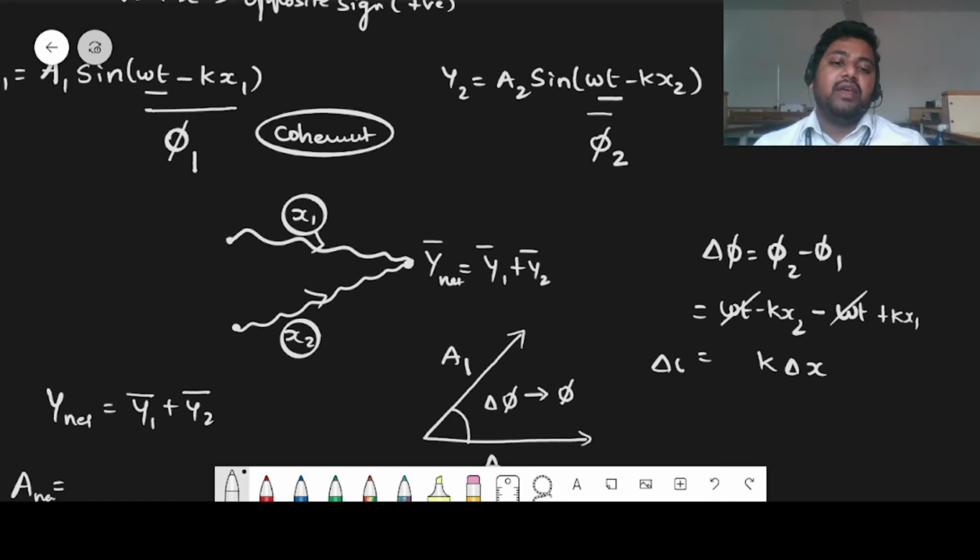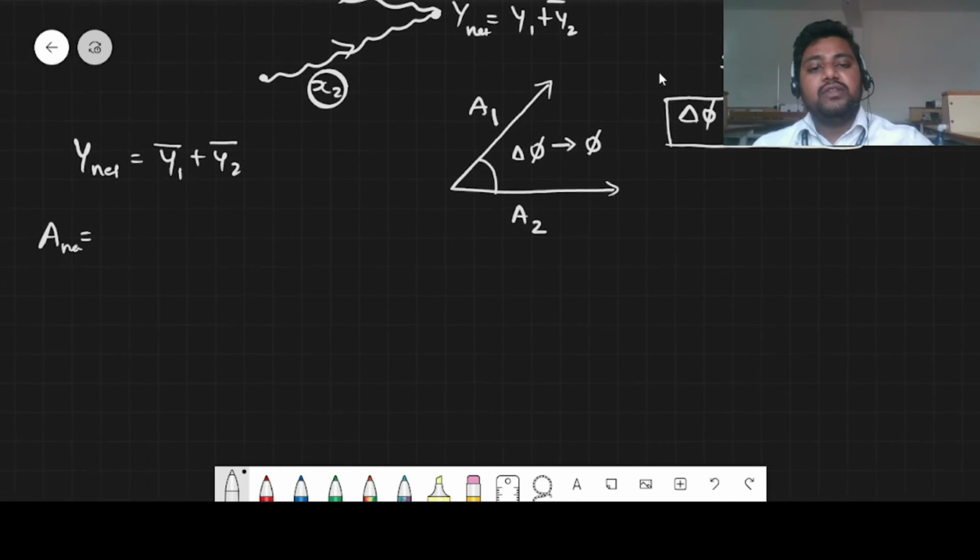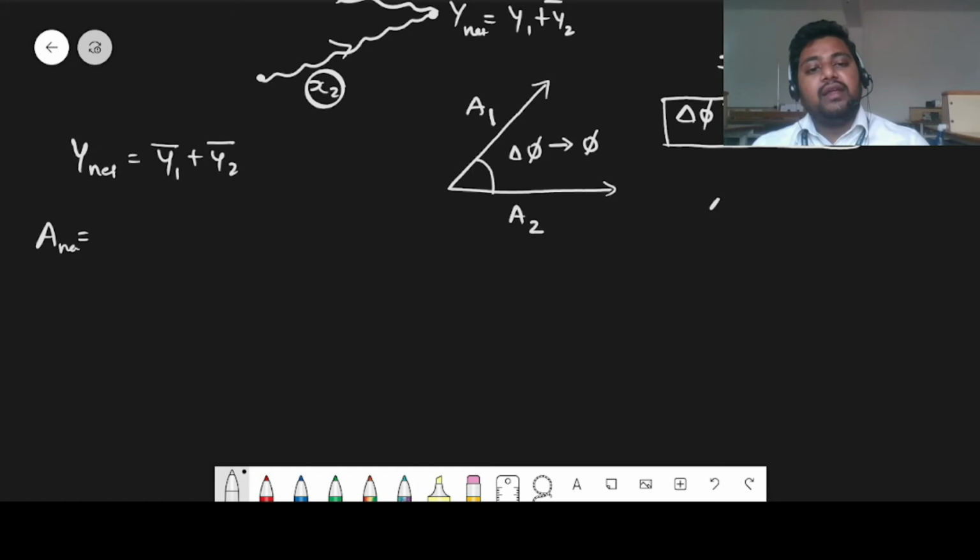So delta phi is k into delta x. This is a general equation: phase difference due to path difference. Since the value of k is 2 pi by lambda, delta phi can be written as 2 pi by lambda into delta x.